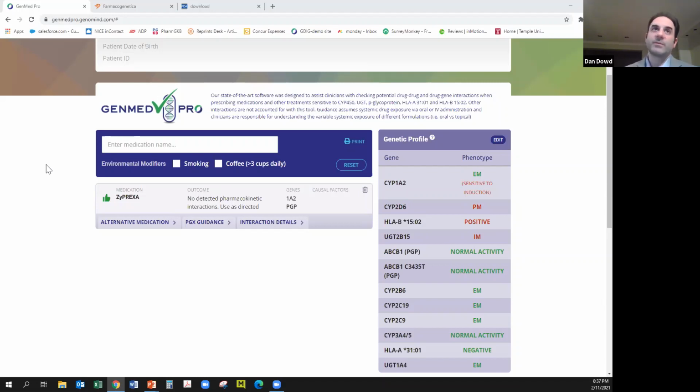One thing that was very promising, you may have noticed the antipsychotic guidelines that were published by the APA, I think it was late last year. There was quite a bit of reference to pharmacogenetic markers in the APA guidelines, specifically CYP2D6 and how it can influence drugs like aripiprazole, risperidone, haloperidol.